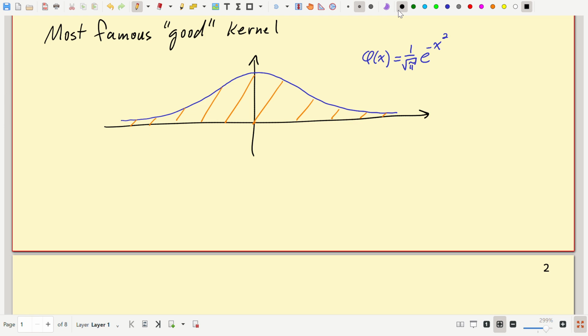So it's like pushing the bump toward the middle. This is a good kernel. That means the integral from minus infinity to infinity of that phi of x dx is equal to 1.